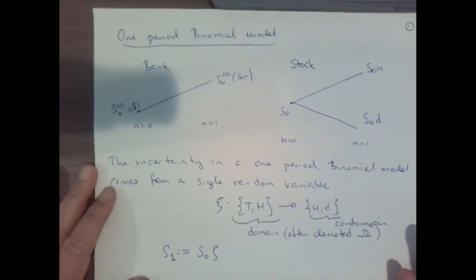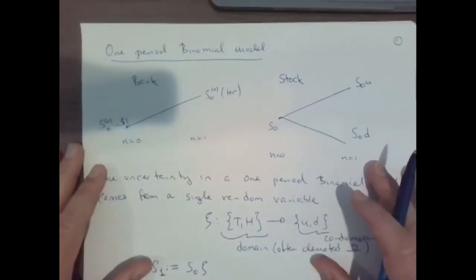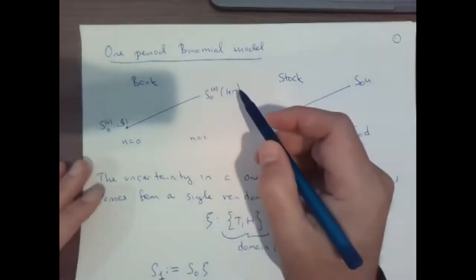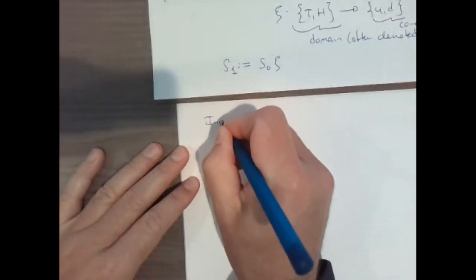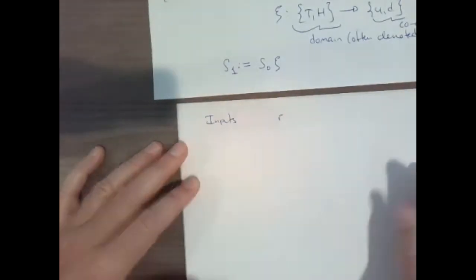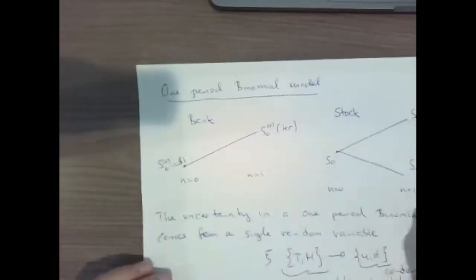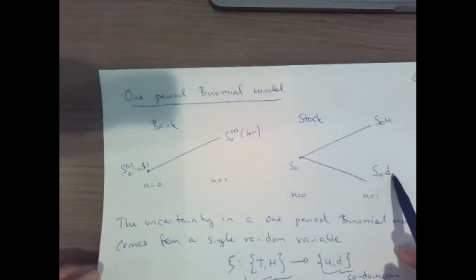For the first hour or so of today's lecture, this is the picture we have. The input parameters will be R, the one we see in the bank account, and then U and D, which we see in the stock.